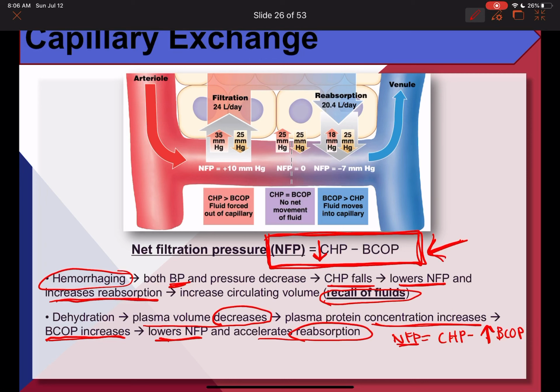This makes sense because you are dehydrated, so you need to recall fluid from somewhere. And there's no IV fluid at the moment that's going to be given to you. At that moment, your body's natural homeostatic mechanism is to draw fluid from where it can, which is from our tissues. We'll come back to this idea when we get to the fluid and electrolyte chapter as well.